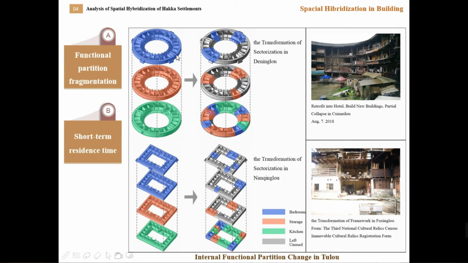Each Tulou has shrunk to the first floor because the citizens living in Tulou are becoming elderly, so they are not able to go up the staircase. So right now, in most cases, Tulou distributions are like this: kitchen, storage, and living room. That is what you can see in many Tulou when you go on the trip. Same as the square one. Those two cases can be seen in most Tulous.